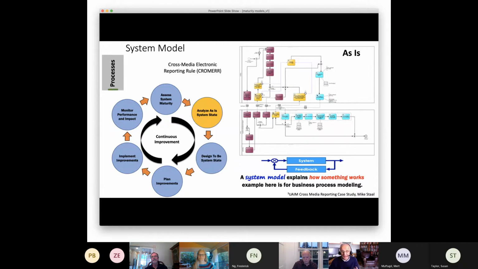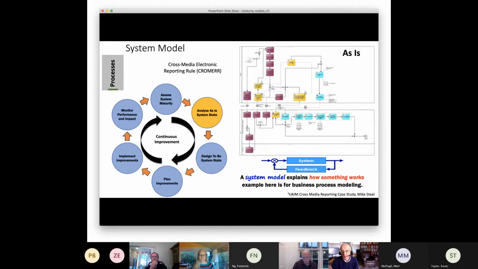The first thing they did is develop an as-is model, and they used business process modeling notation that is part of the ISO standards. A system model explains how something works. So this is an example of business process modeling.